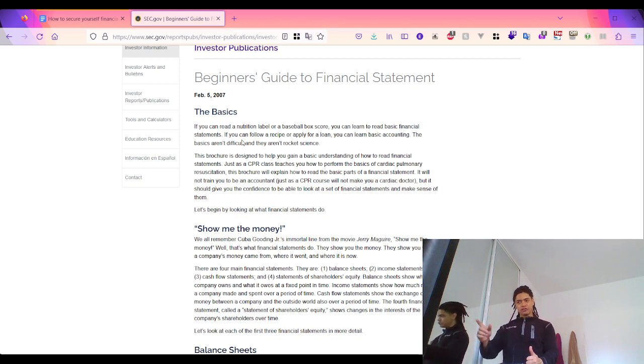Liabilities are obligations that a company has, and shareholders' equity is the amount of money left if, for example, a company decided to sell off all of its assets and pay off all of its liabilities; the leftover money belongs to the shareholders.